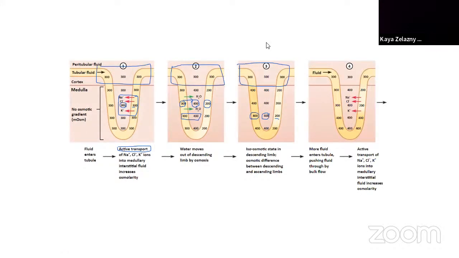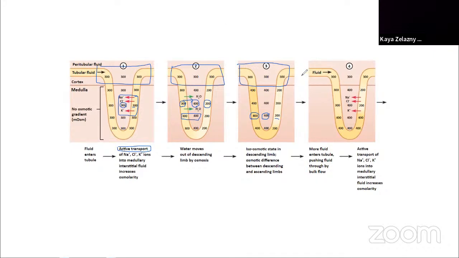So now what we're adding on to this is that in these first three images, we were pretending that that fluid was just kind of standing still in the nephron, so it's standing still in this loop of Henle. But now we're going to add on the fact that fluid is actually being pushed through this loop.